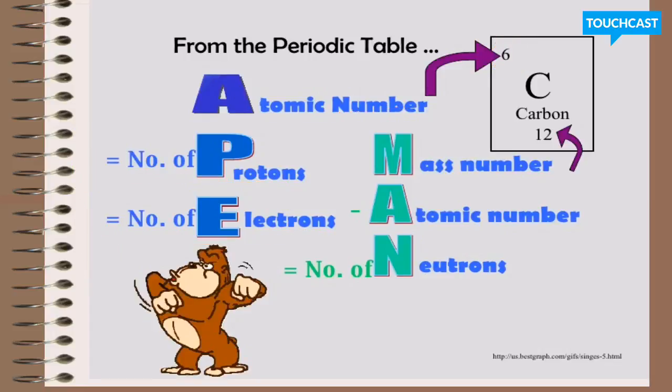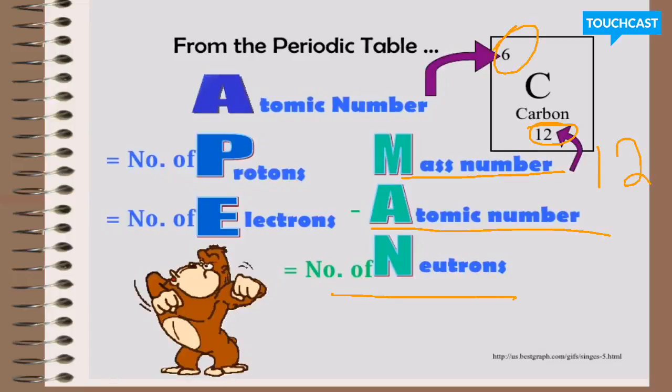Then I have man. Man says mass number minus atomic number equals the number of neutrons. But in order to get that mass number, as I told you earlier, we have to round. Now, sometimes when you look at the periodic table, it will already be rounded, but a lot of times, like the ones you get on your test, it will not be rounded, so you'll have to do that yourself. In this case, this one's rounded. So my mass number is 12.